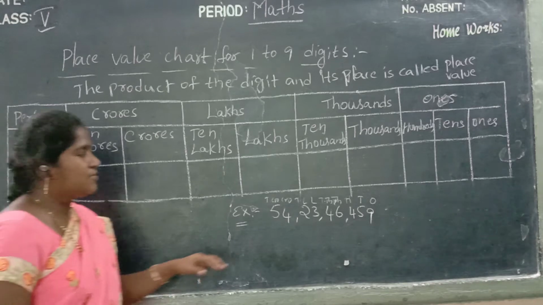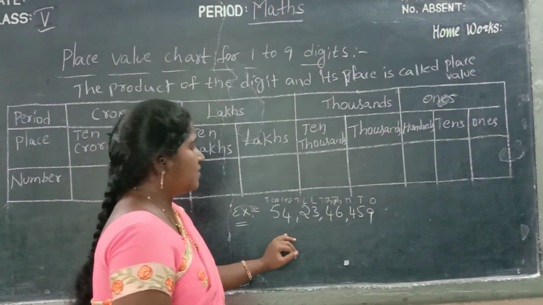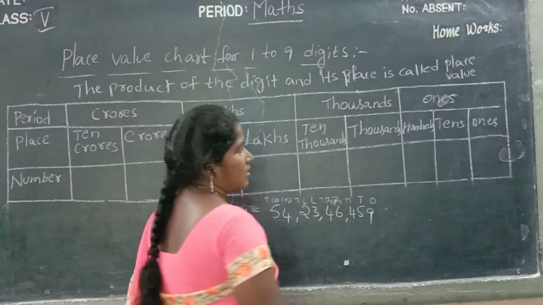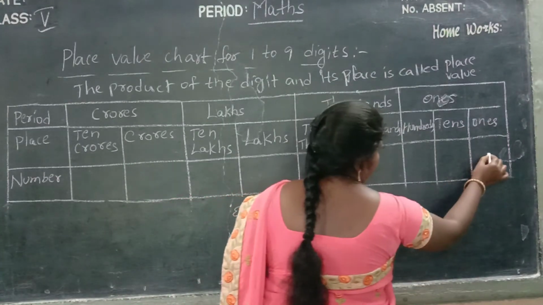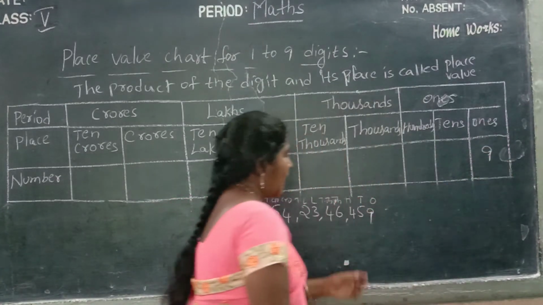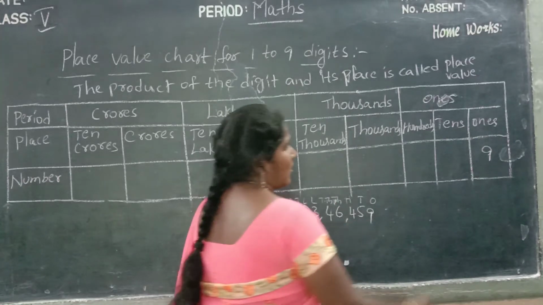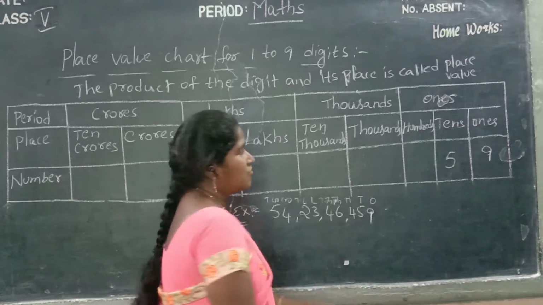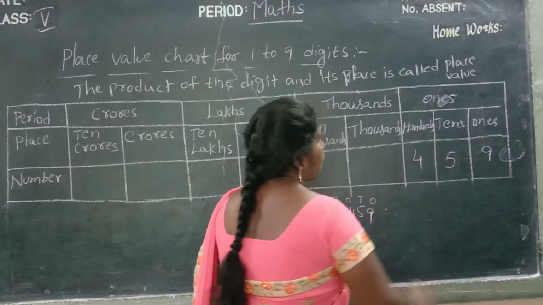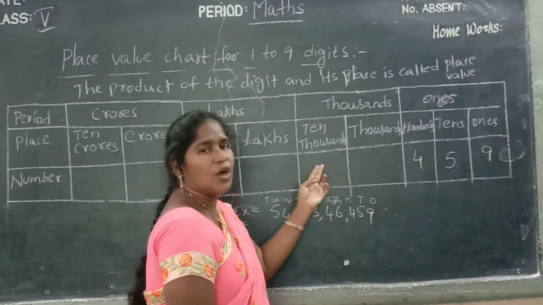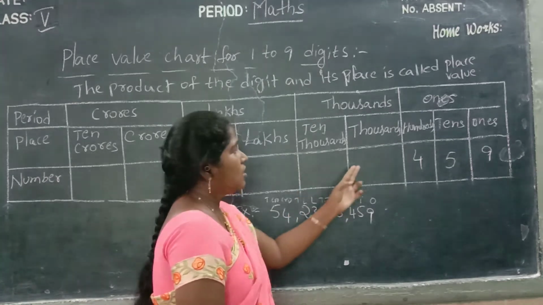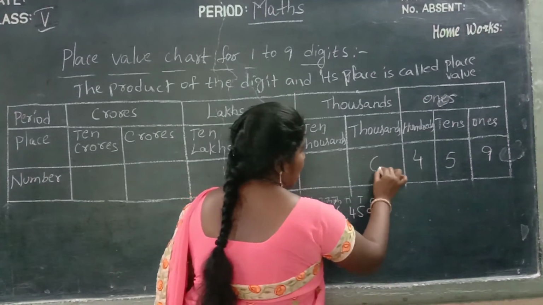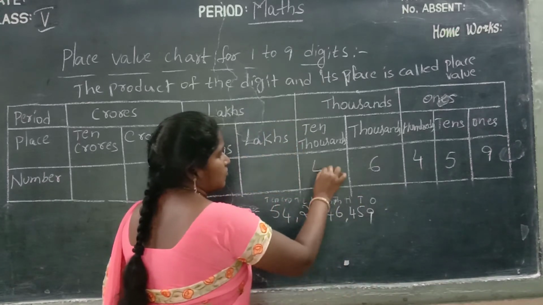Okay, children, now I am saying one of the example sums. See, children, first we want to write the ones place of the number. In the ones place what number is there, children? 9. And next goes to the tens place, that is 5. And next the hundreds place, which number is in the hundreds place, children? 4. And next the thousands place: 6 is in the thousands place, 4 is in the 10,000s place.